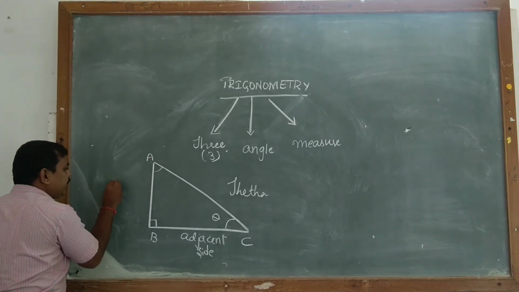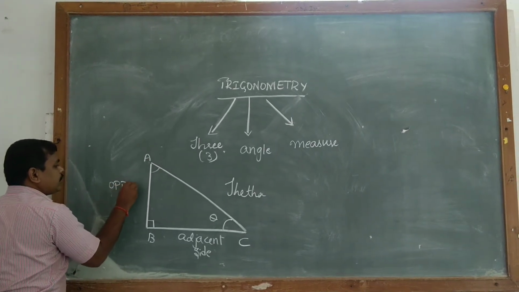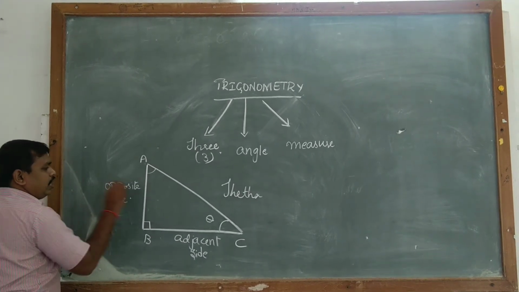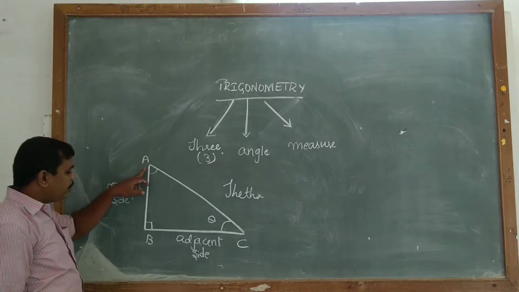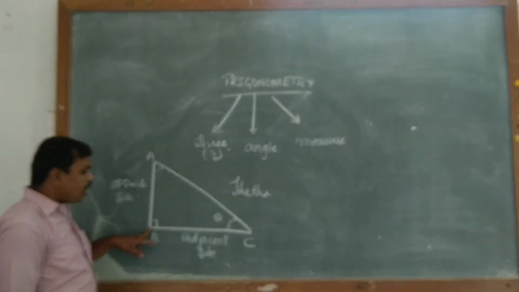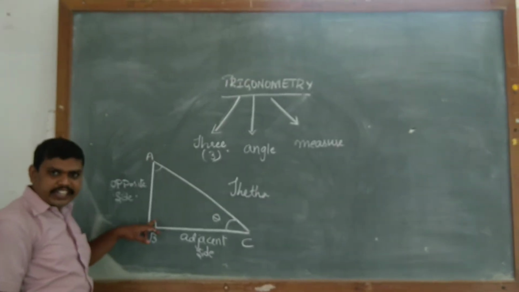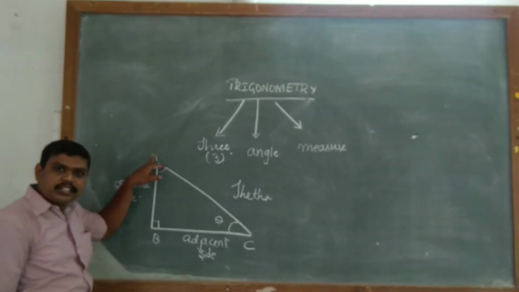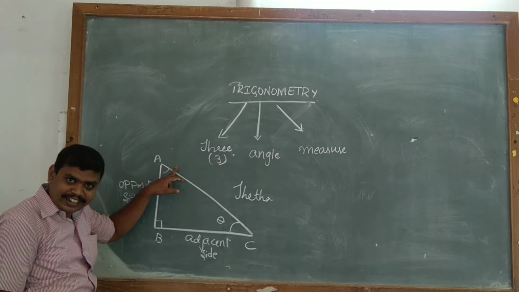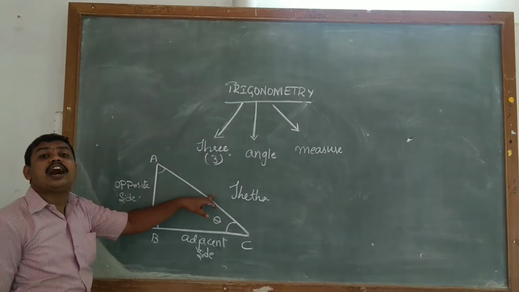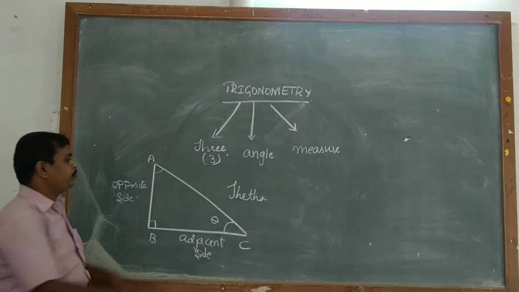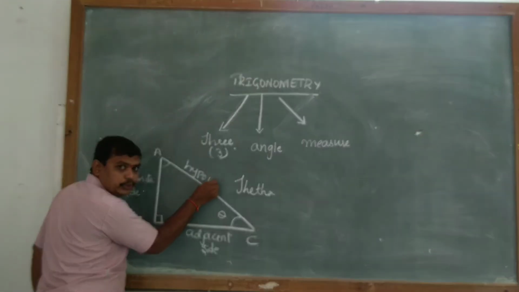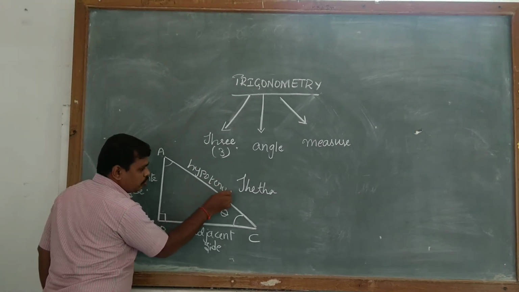That is termed to be the opposite side. Coming to the angle which is 90 degrees here, opposite to that side is the longest side of the triangle, which is termed to be the hypotenuse. Alright students?